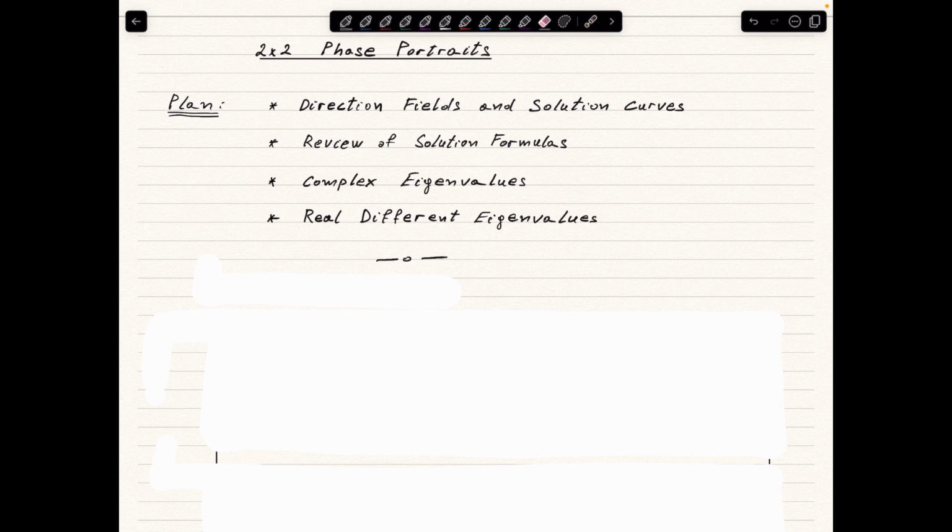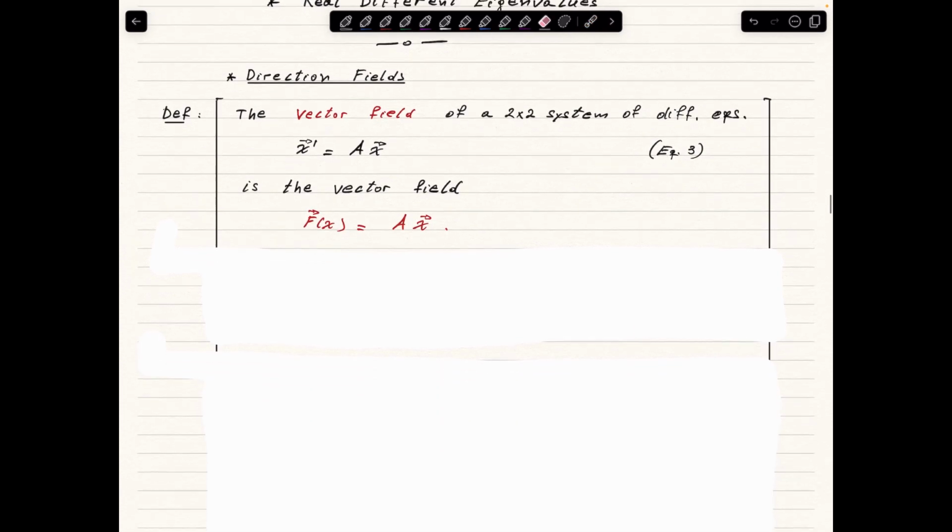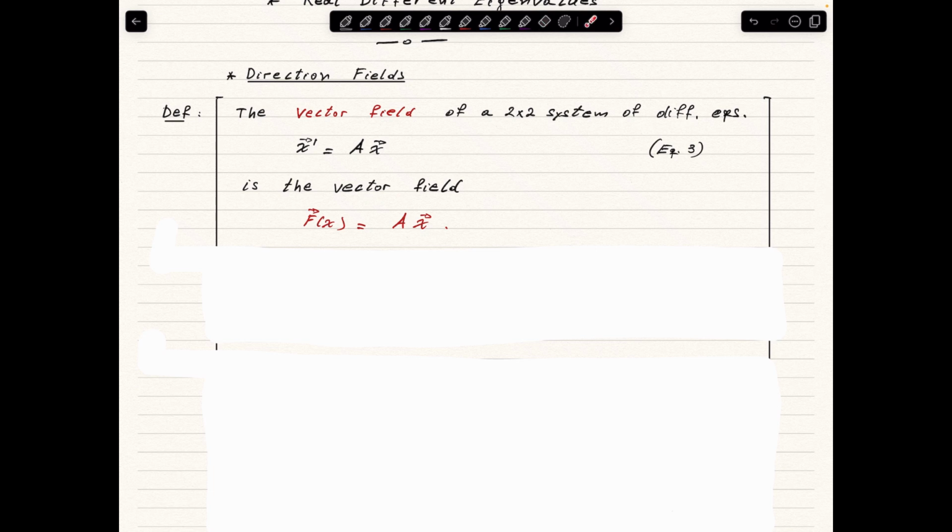Okay, let's start with a few definitions, and our first definition is the vector field of a system of differential equations. So consider a system of differential equations like this one, which is a 2x2 system of linear differential equations, and the vector field of this equation is defined by only the right hand side of the equation.